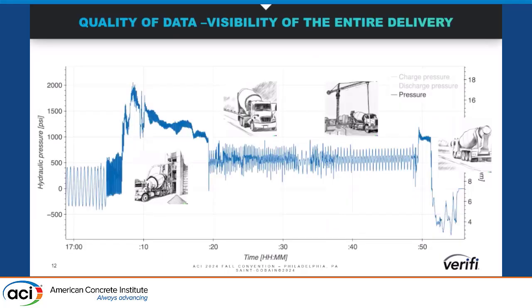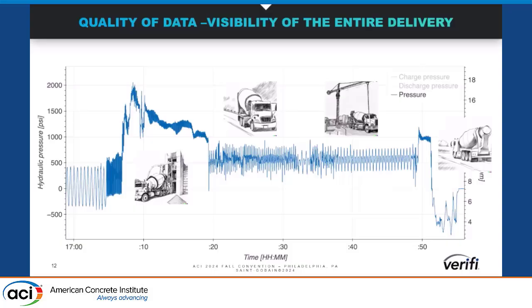If we take a quick look at the pressure sensor, this is just how much pressure it takes to rotate the drum. Looking at this from left to right, at the very beginning you're batching and the pressure spikes because material dropped in. It becomes cohesive, starts to become flowable, and the pressure drops. You see it drive along, it gets to the site, and then eventually it discharges.